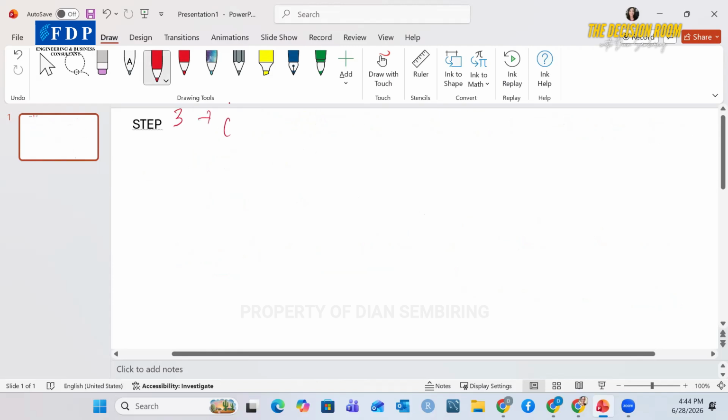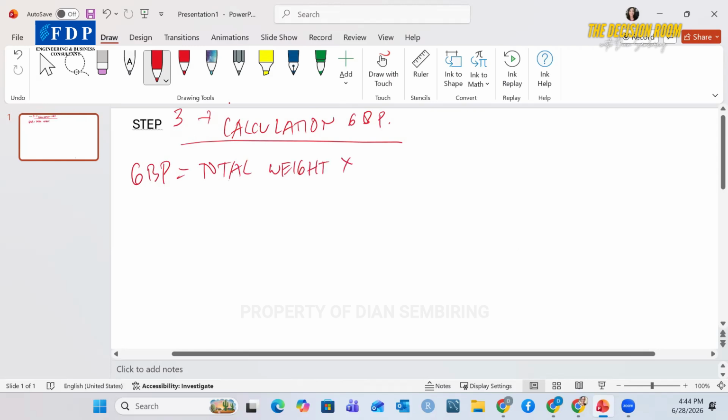This is the calculation of ground bearing pressure. So the formula is GBP equals total weight divided by total contact area.